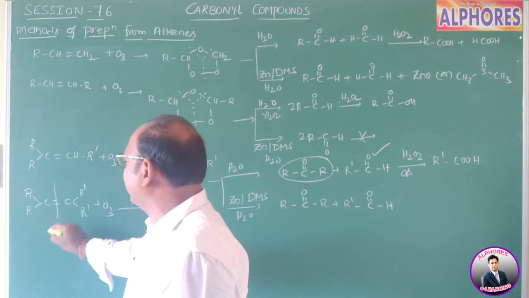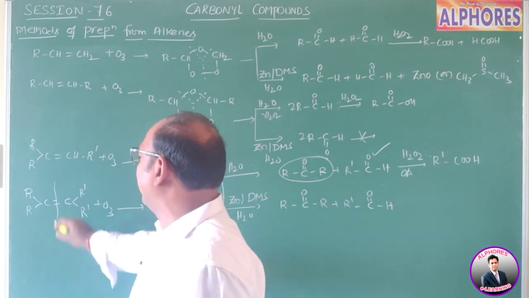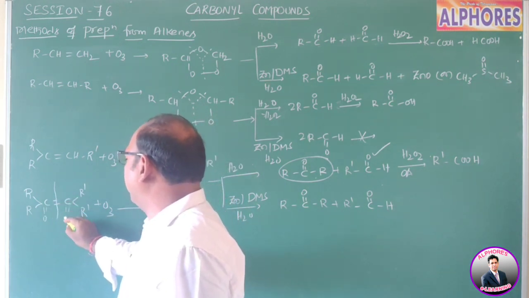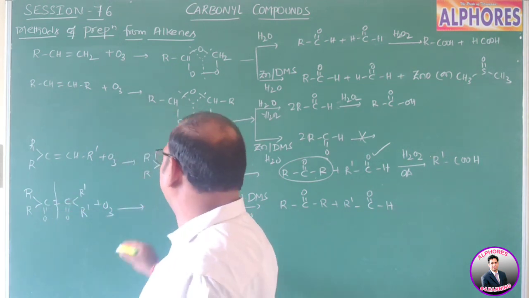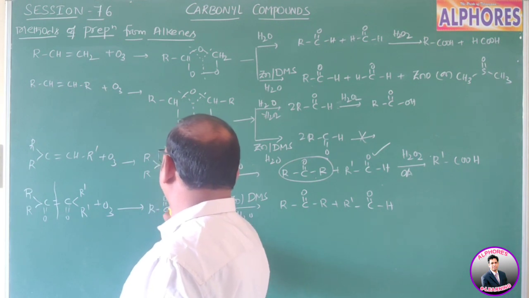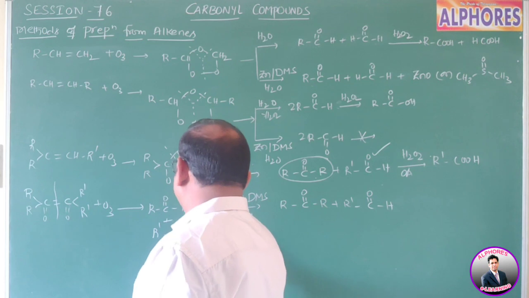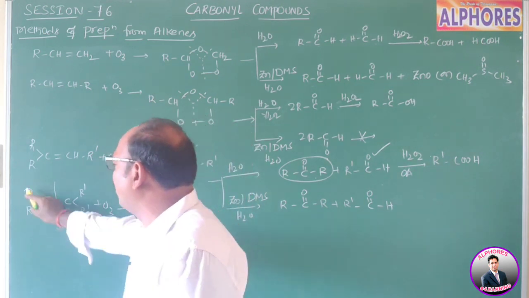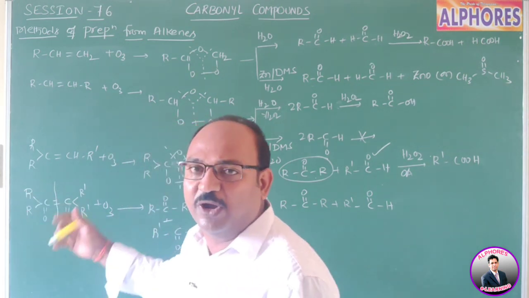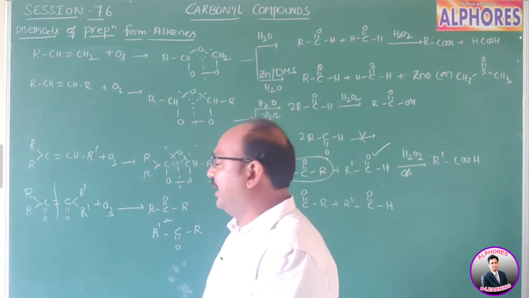During ozonolysis, where the double bond is there, you break the double bond and keep C=O. Then the final product we are getting is RC=OR plus R dash C=OR dash. So if we are using two different alkyl groups here, corresponding to those alkyl groups only, you are getting ketones.